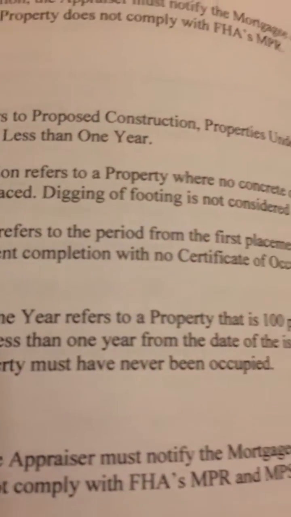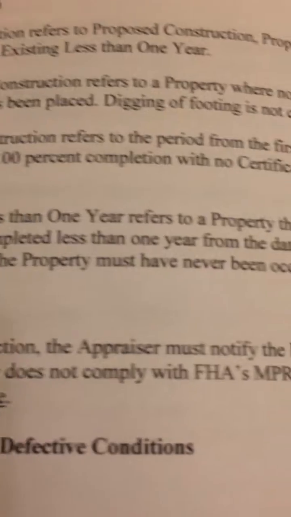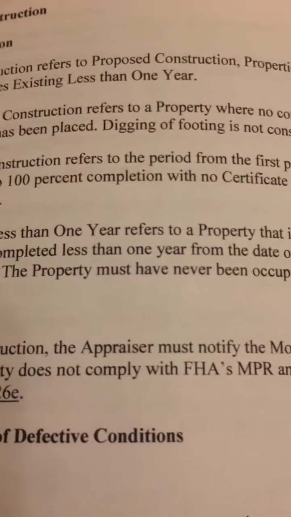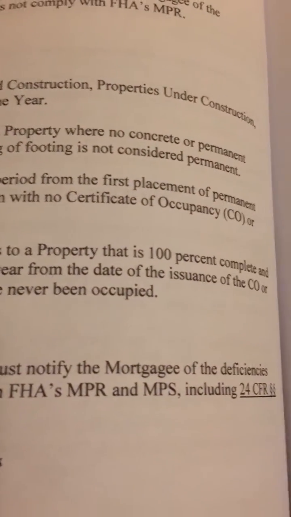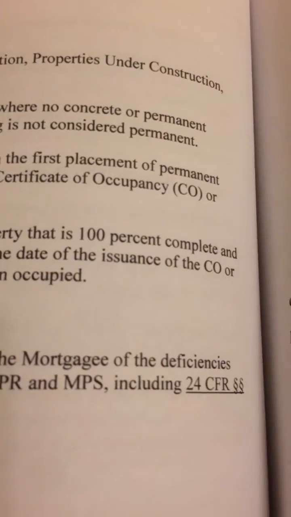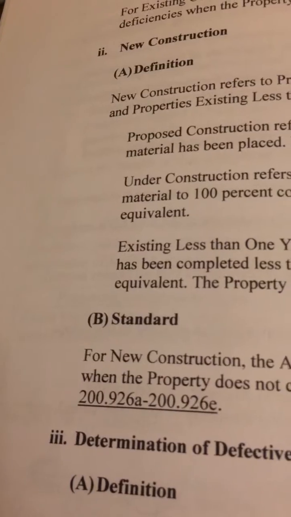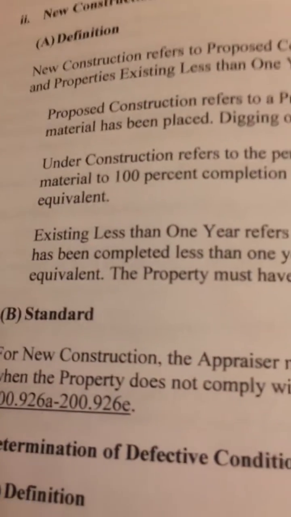The property must have never been occupied. B. Standard. For new construction, the appraiser must notify the mortgagee of the deficiencies when the property does not comply with FHA's MPR and MPS, including 24 CFR 200.926a-200.926e.